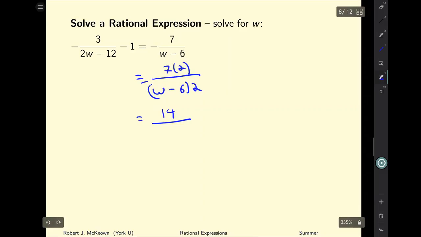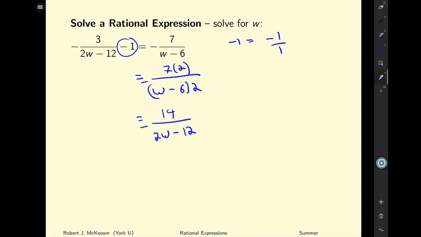I'll just fill this in so you can see 2w minus 12. Now I've got this -1 term here. Well, if I want to give it the same denominator as the other two terms, 2w minus 12, I can multiply its numerator and denominator, because of course negative 1 is equal to negative 1 over 1, by 2w minus 12.